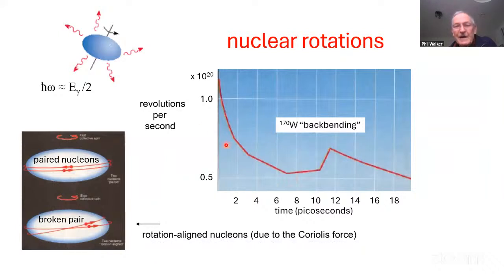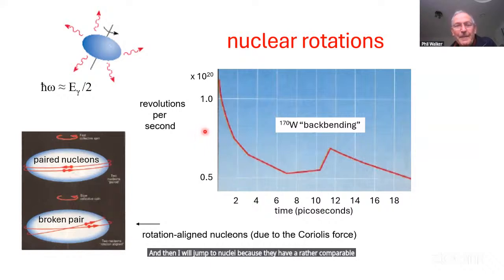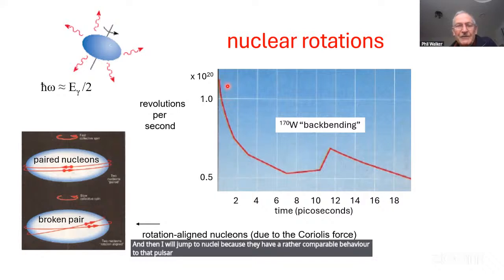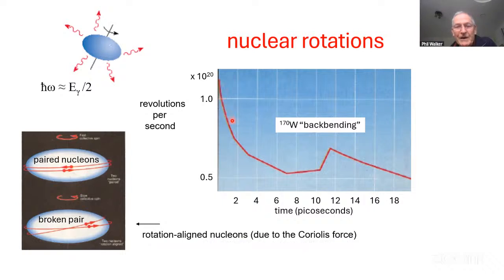And then I will jump to nuclei, because they have a rather comparable behavior to that pulsar. If we start off a nucleus, in this case tungsten-170, spinning rapidly, and it gradually slows down, and then suddenly it speeds up again, all on its own, really.